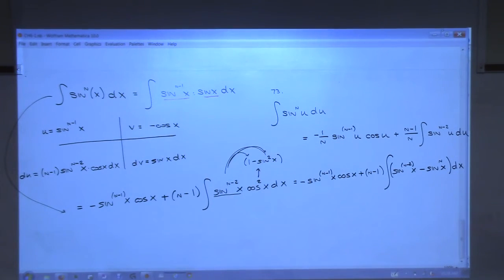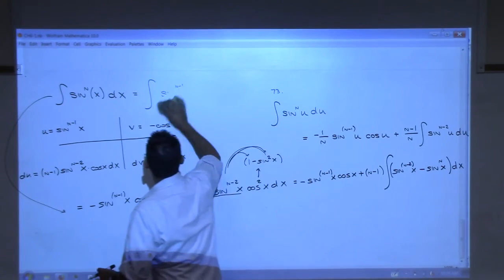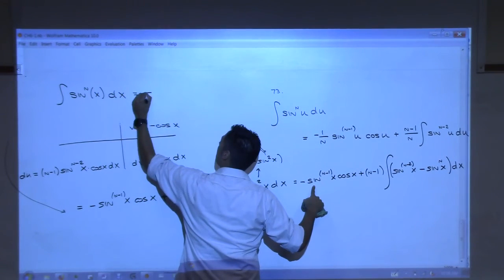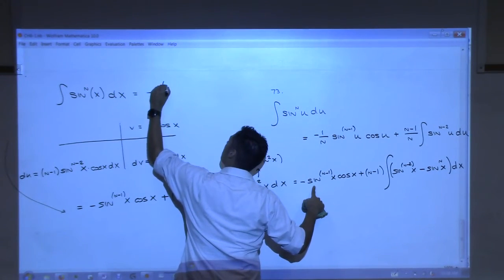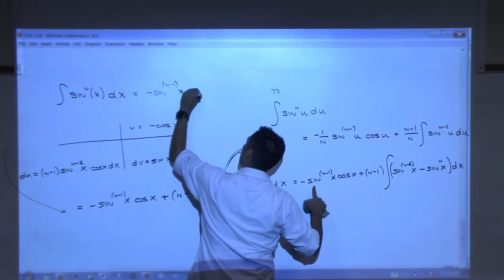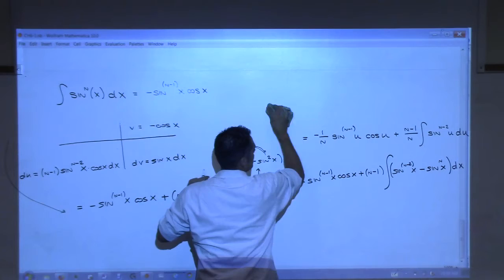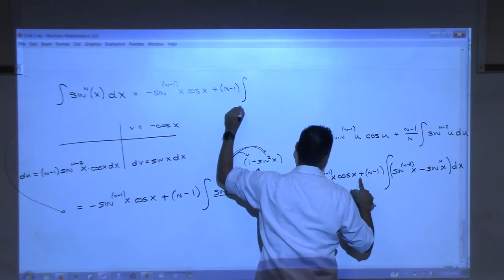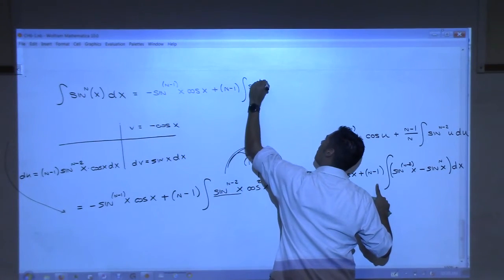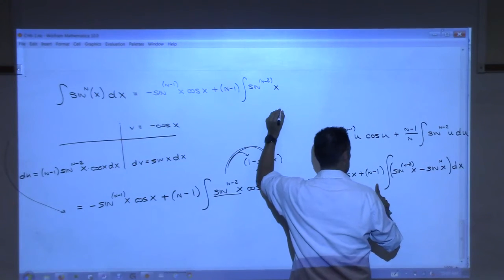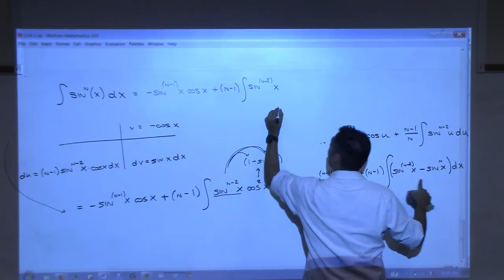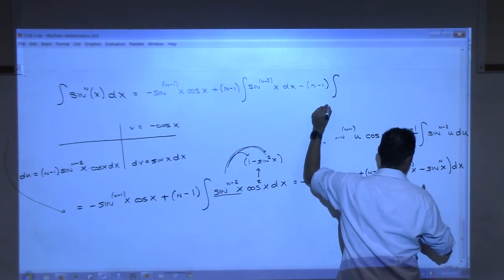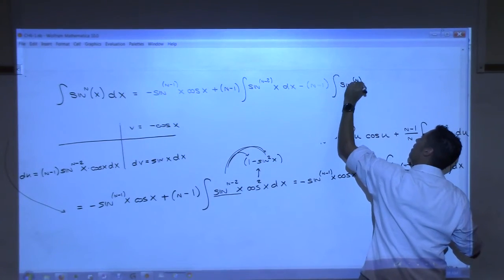Okay. So let's recap where we are. The original problem, right here, this original integral right there, is equal to negative sine to the n minus 1 of x cosine of x, plus n minus 1 integral sine to the n minus 2 of x dx, minus n minus 1 integral of sine to the n of x dx.